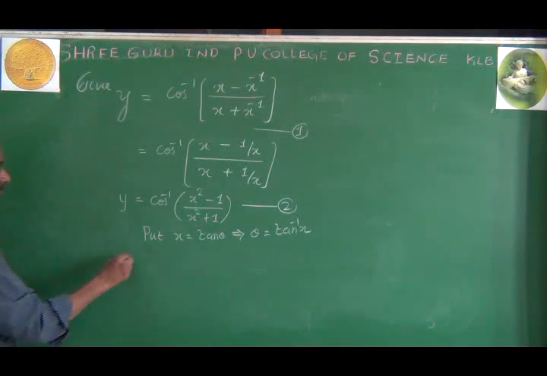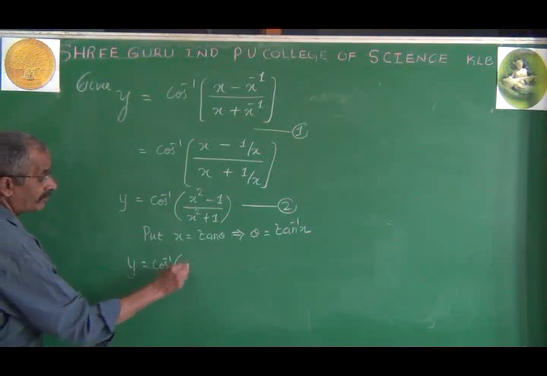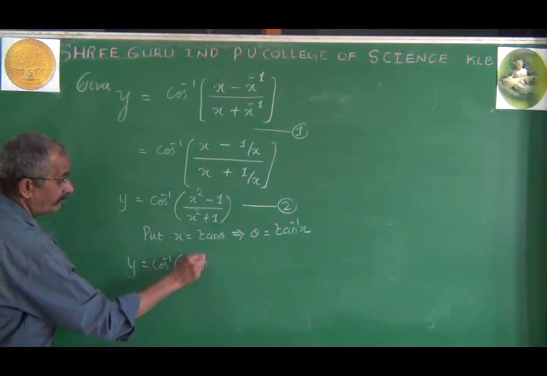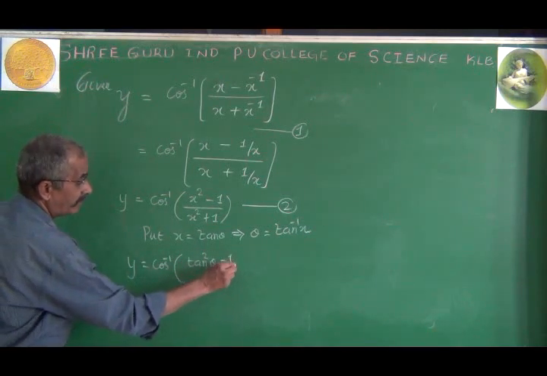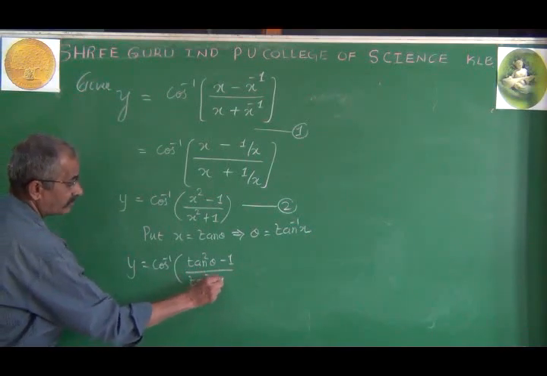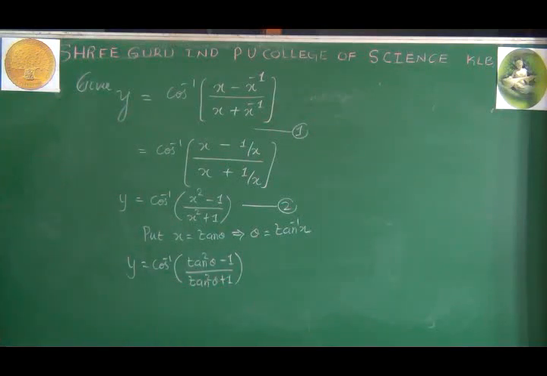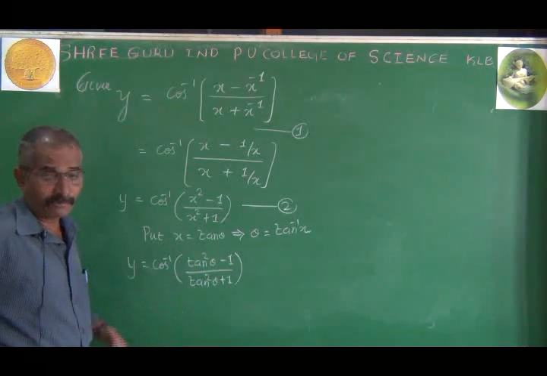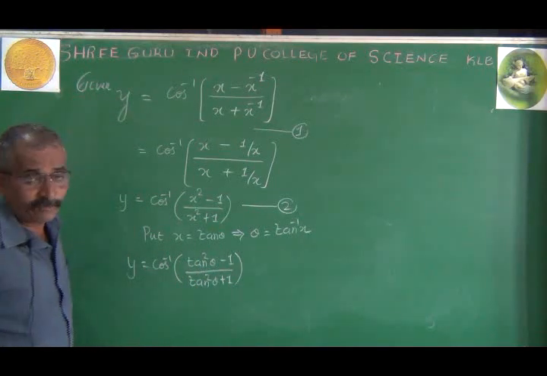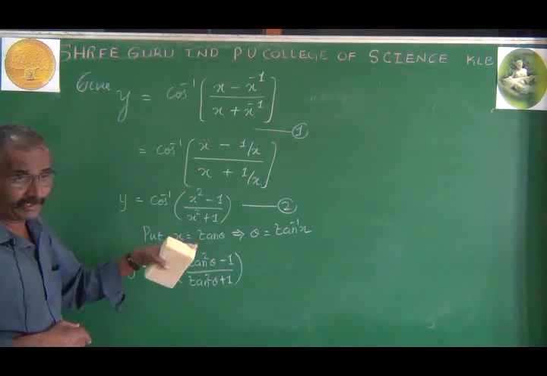So now y becomes cos inverse of (tan square theta minus 1) divided by (tan square theta plus 1). But our actual formula is (1 minus tan square theta) by (1 plus tan square theta), and that formula is cos 2 theta. This is just differing by a minus sign.